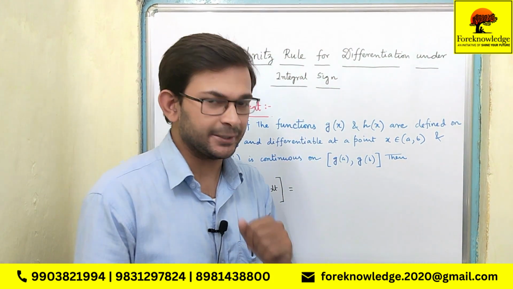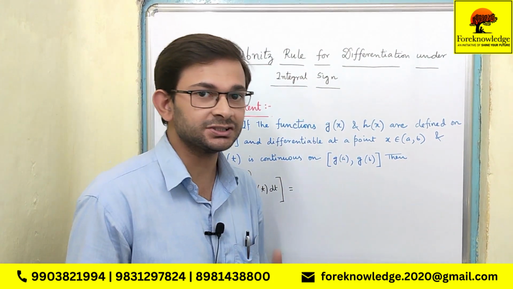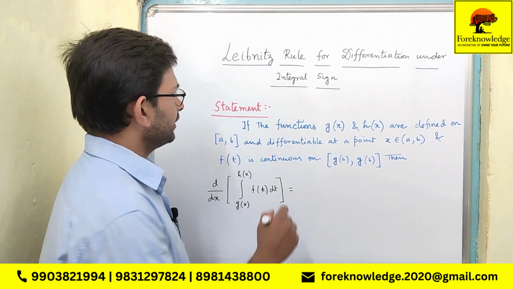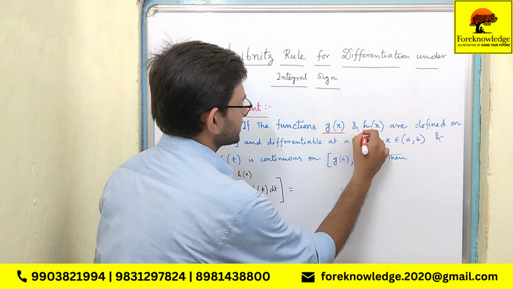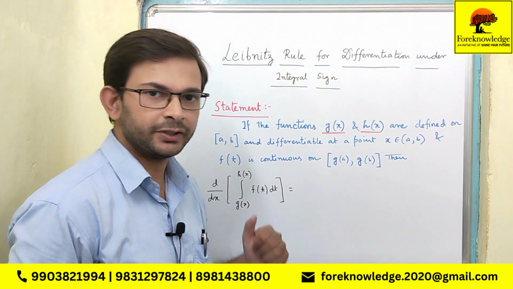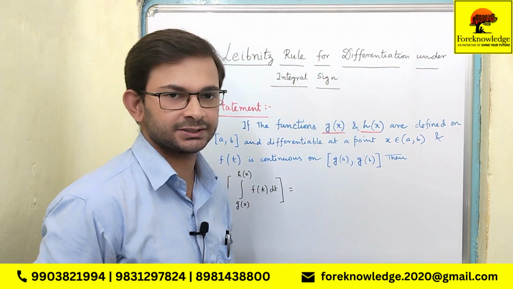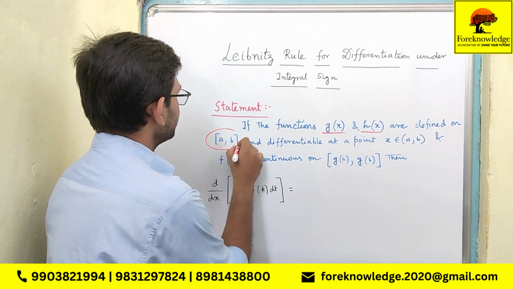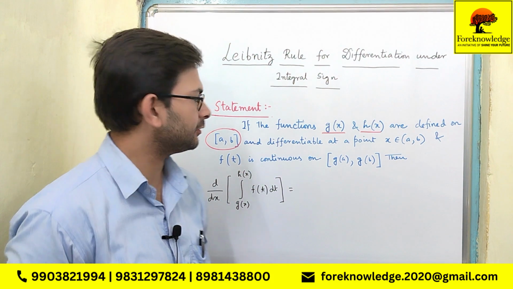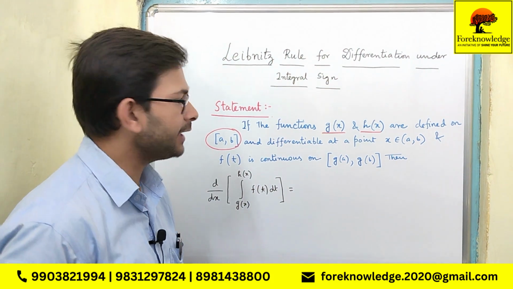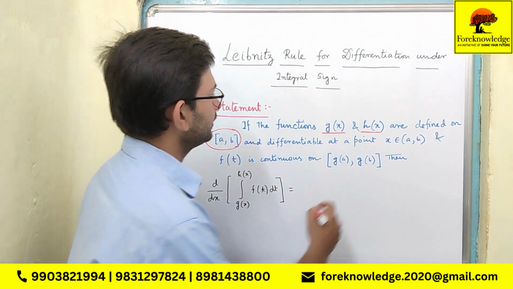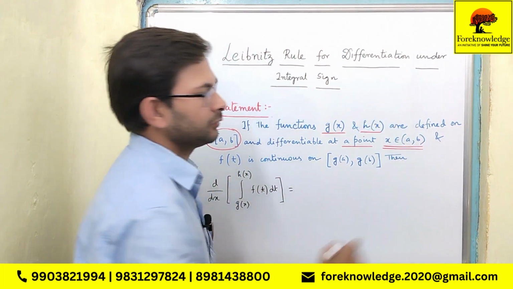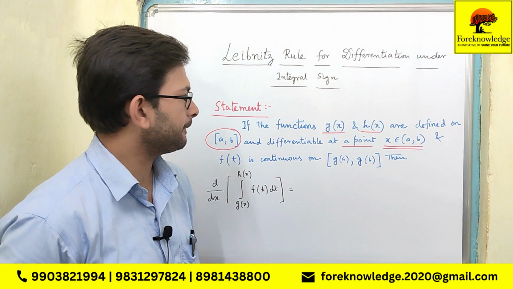So what does it say? First of all, we need to know the statement. It says that there should be two functions, g(x) and h(x), defined on a certain interval [a, b], and both the functions are differentiable at a point x belonging to the open interval (a, b).